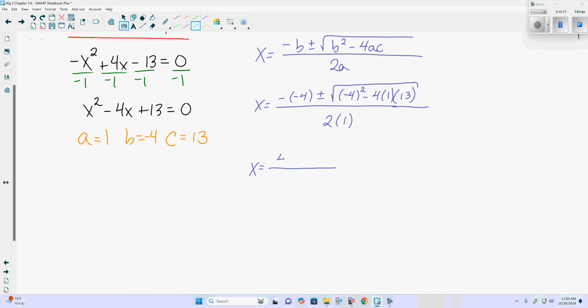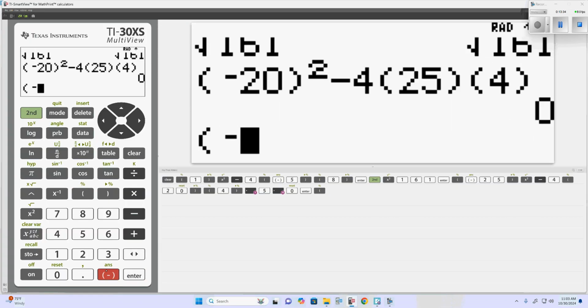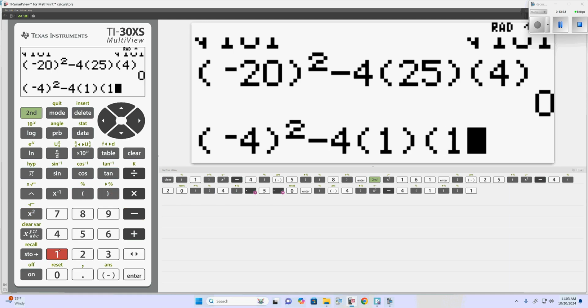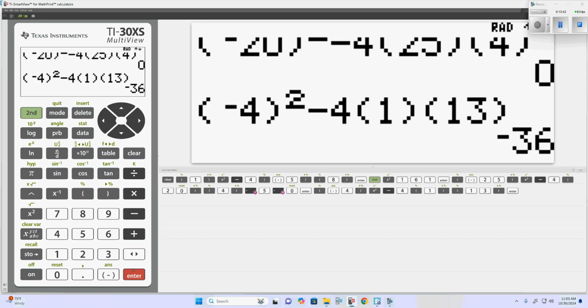So negative negative 4 is positive 4, plus or minus our square root here in a minute. And on the bottom, 2 times 1 is 2. Negative 4 squared minus 4 times 1 times 13 is negative 36.